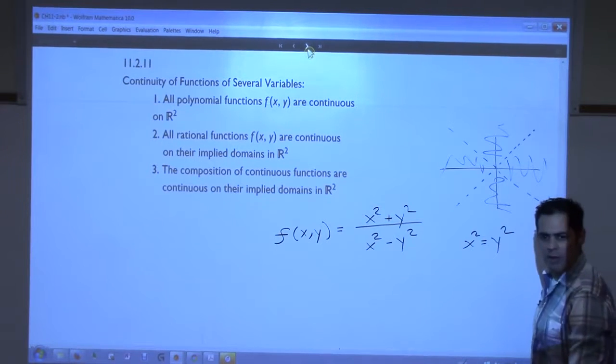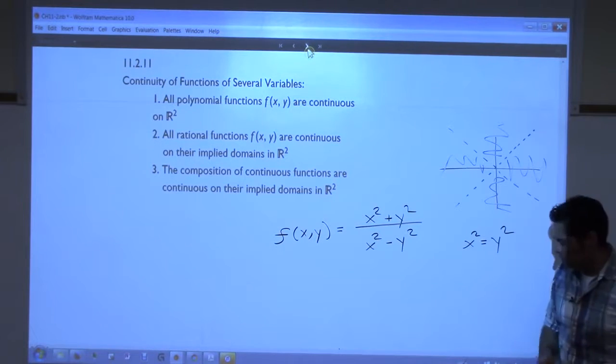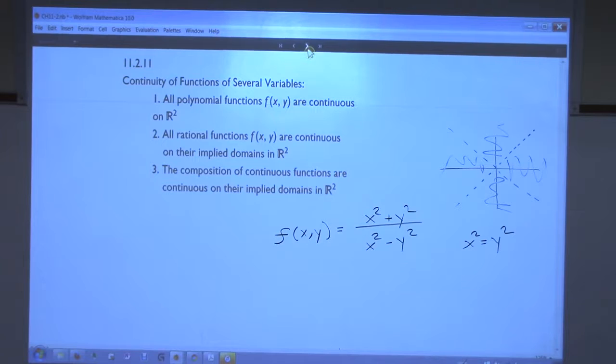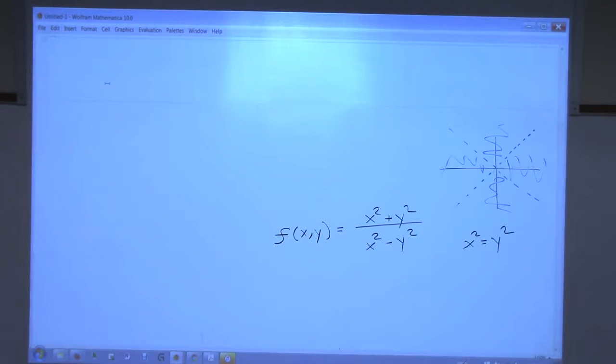I wonder what that would look like if you graphed it. It would be kind of interesting. You would have a bunch of dipping down and going up. Should we see it? I just kind of made that one up. Plot3D of x squared plus y squared over x squared minus y squared.